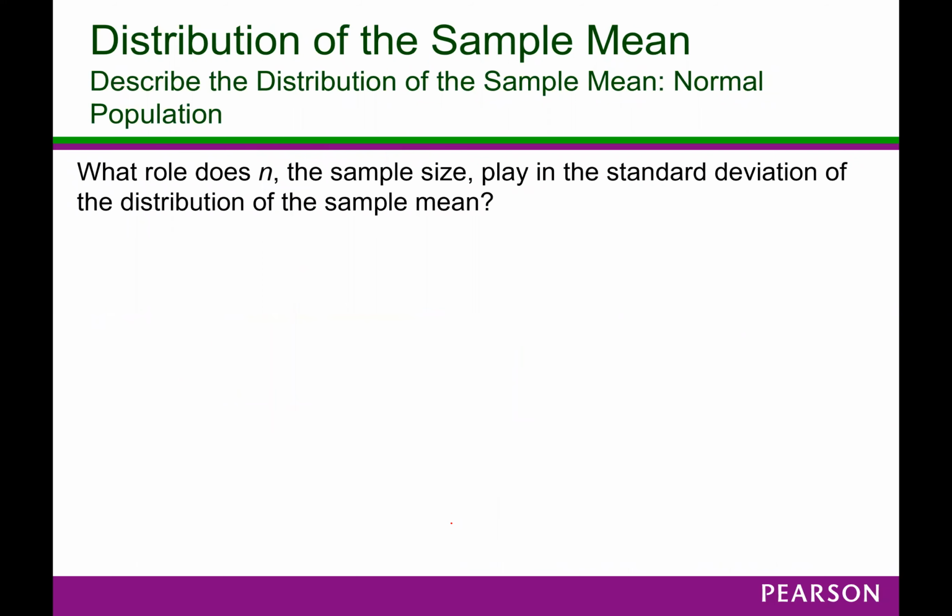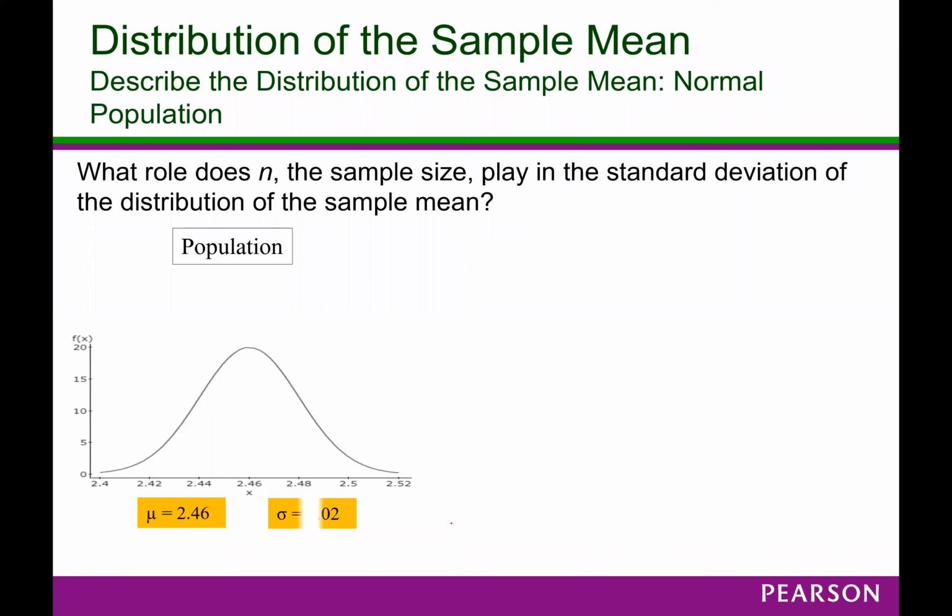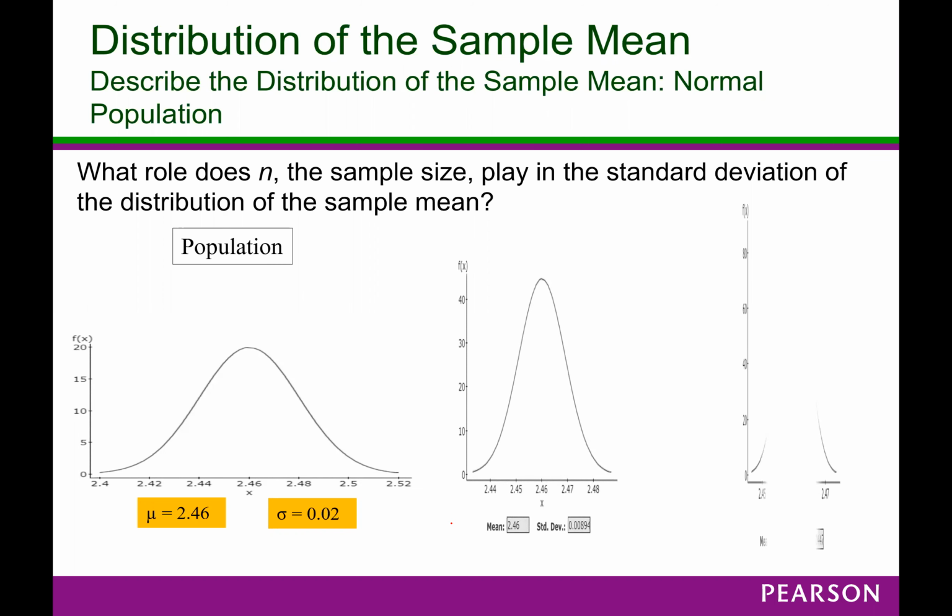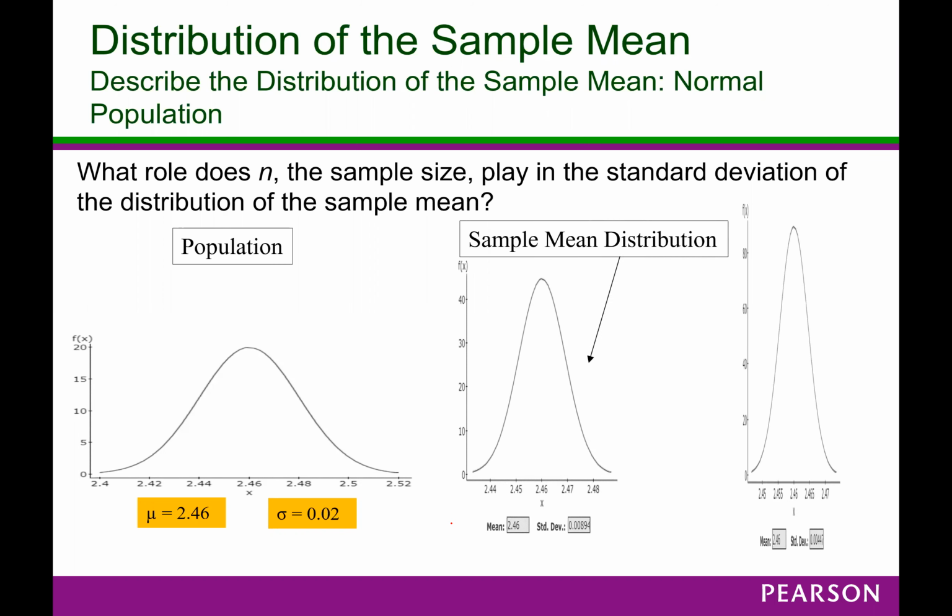Then what is the role of the sample size? Actually, we observe the distribution for individual values, when the sample size is 1, when the sample size is 5, and when the sample size is 20. The mean in all of these cases will be 2.46, 2.46, 2.46.